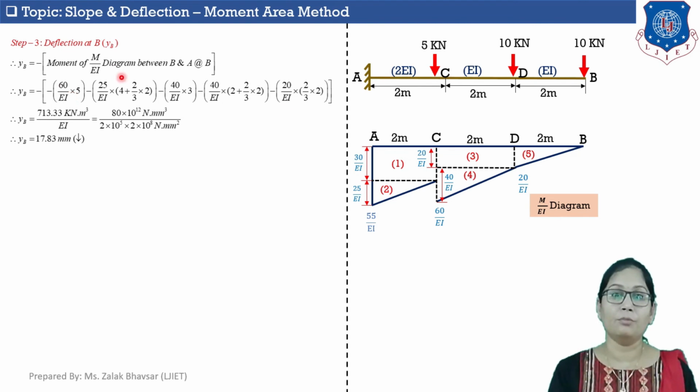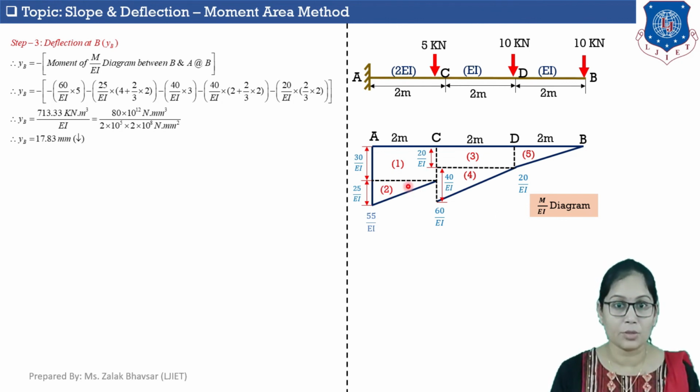Now let's take moment of the second shape about point B. Again it is area of second shape into distance of CG of second shape from point B. Area we already calculated, it is 25 upon EI. Now the distance between B and C is 4 meter. Here you can see that it is 4 meter. Now the distance of CG of shape number 2 from point C is 2 by 3 into 2.